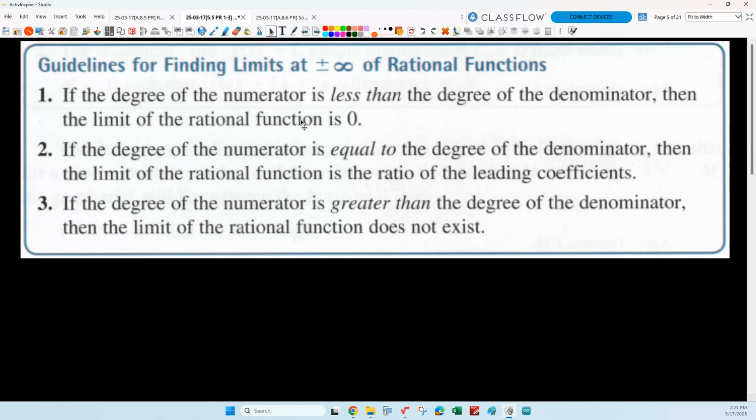If it's 1 degree higher, say the numerator is a 4th degree polynomial and the denominator is a 3rd degree polynomial, you don't get a horizontal asymptote, but you get an oblique, slant asymptote, right?